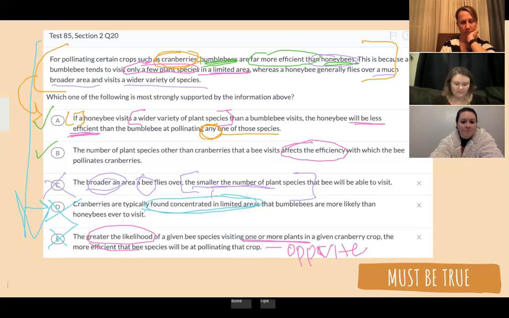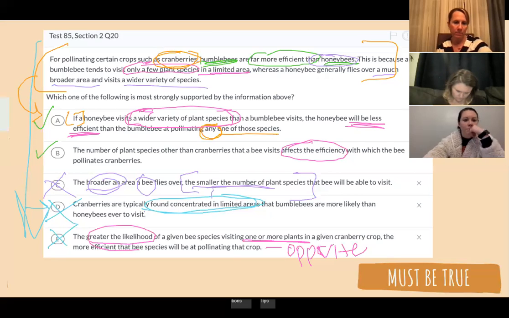That was a great job of breaking it down, Cora. If a honeybee visits a wider variety of plant species, the honeybee will be less efficient than the bumblebee at pollinating any... Well, I think if it visits a wider variety, it would be less efficient, right? I don't think it's the complete opposite. Well, they were changing up the names compared to what they were saying at the top.